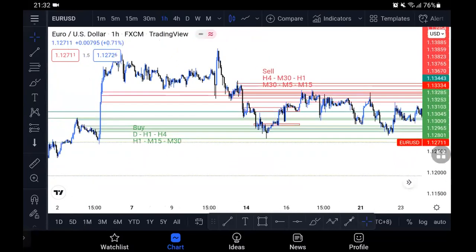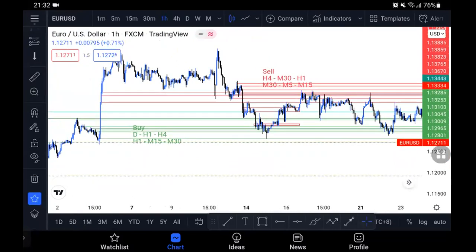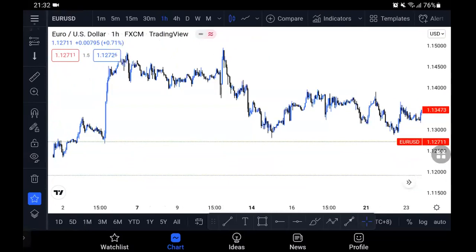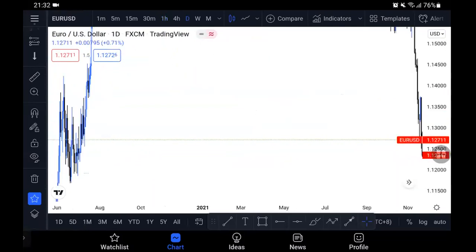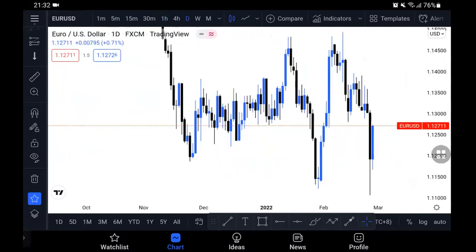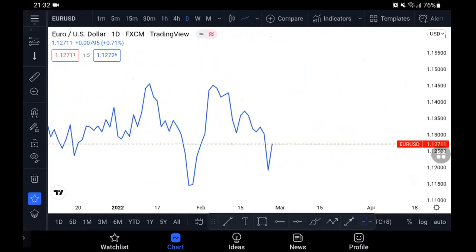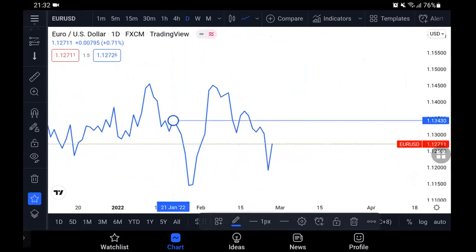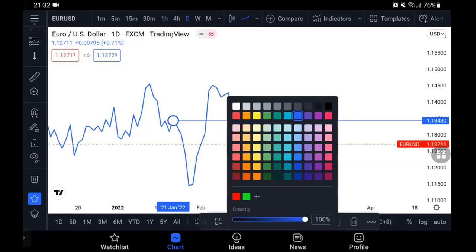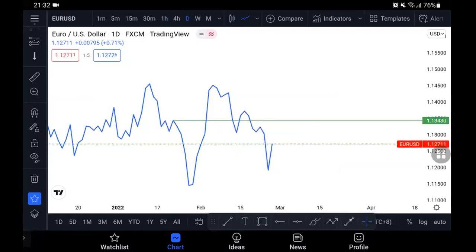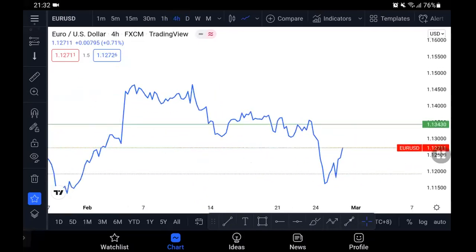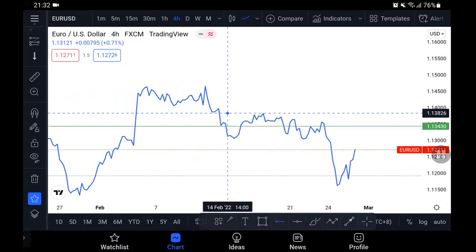Okay, let's delete this first. We're going to mark it the same as yesterday. This is the daily buy breakout. Drop to H4 to find the current sell.